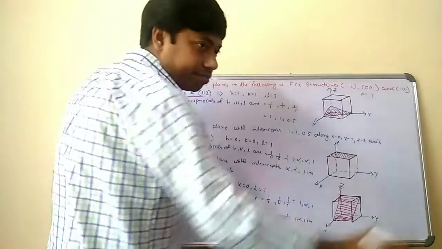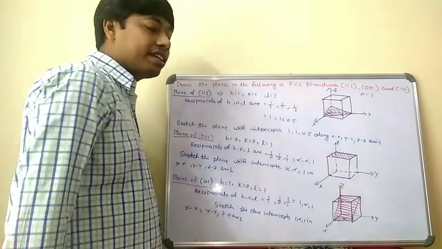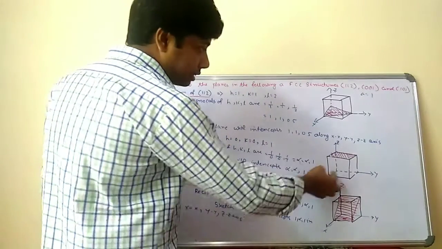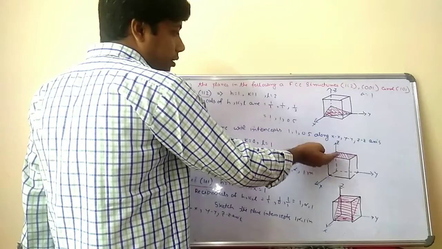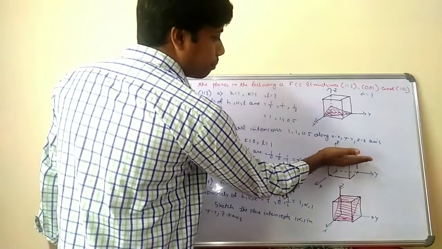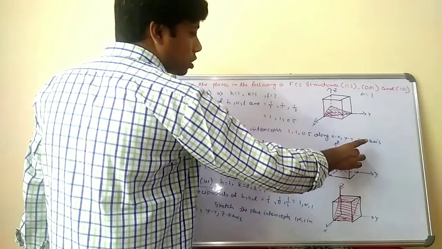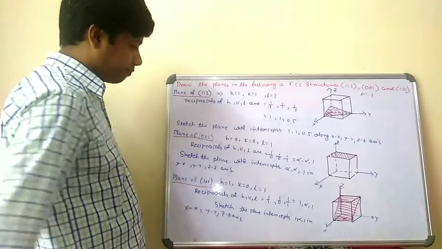So this is the infinity. They will meet at a certain finite position, and z is 1. So this is the plane. Now if you increase this length here, it will cut this plane. So the topmost red hatch line indicates the 0, 0, 1 plane.